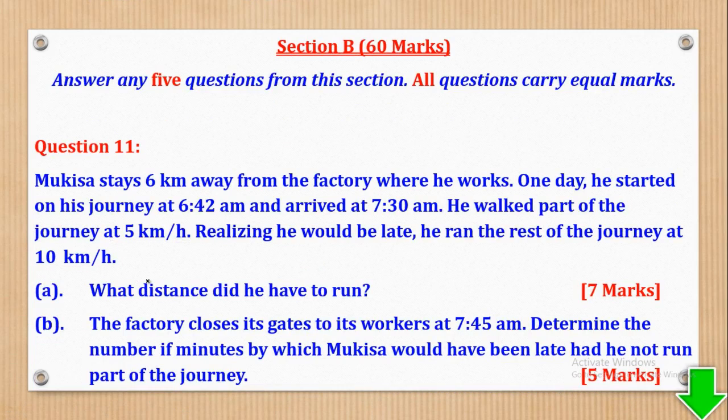In this question, you realize that he started at 6:42 and arrived at 7:30. Therefore, the total time taken will be got by getting the minutes from this to this.